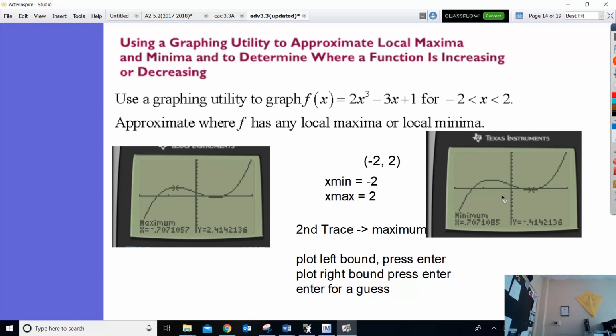Not about the origin, it's about the actual max or min. We also have an issue with the TI-84.